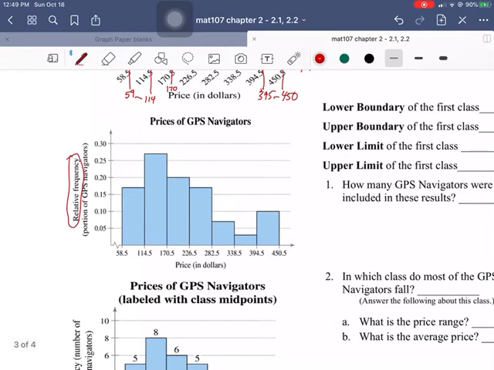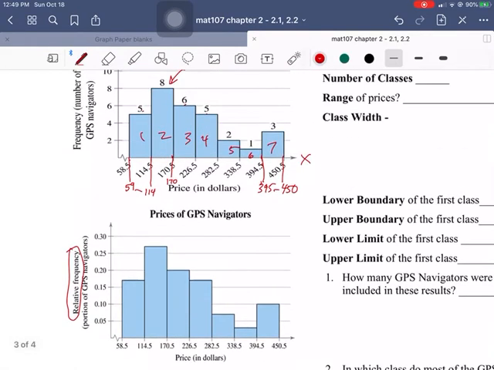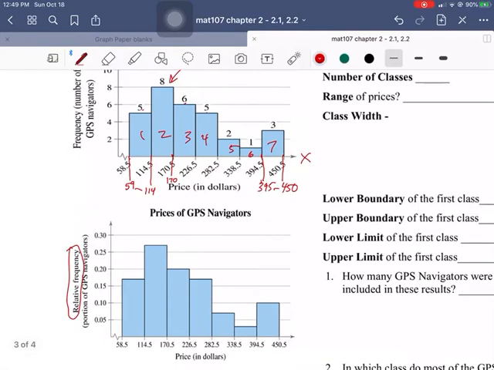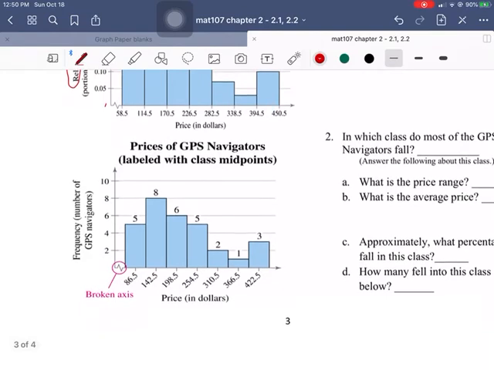The relative frequency, remember, is that percentage or your decimal that you're getting before you turn it into a percentage. So the bars look exactly the same, it's just you have percentages. So this one here, you can see that 8 comes out to about, I don't know, 27% maybe of the GPSs have a price range of $114 to $170. That's how you read that, okay?